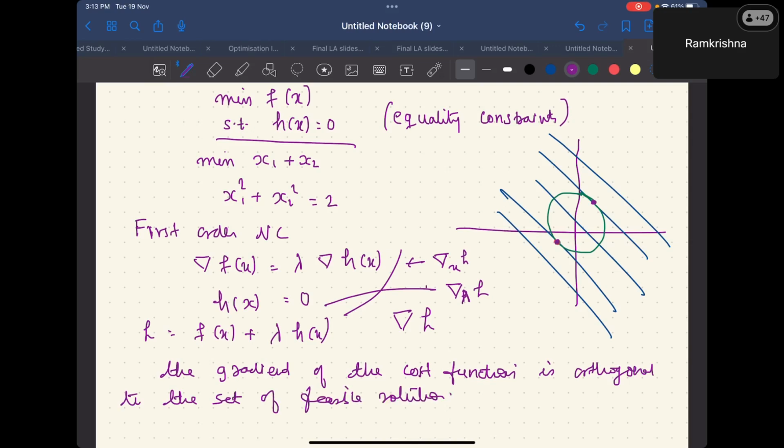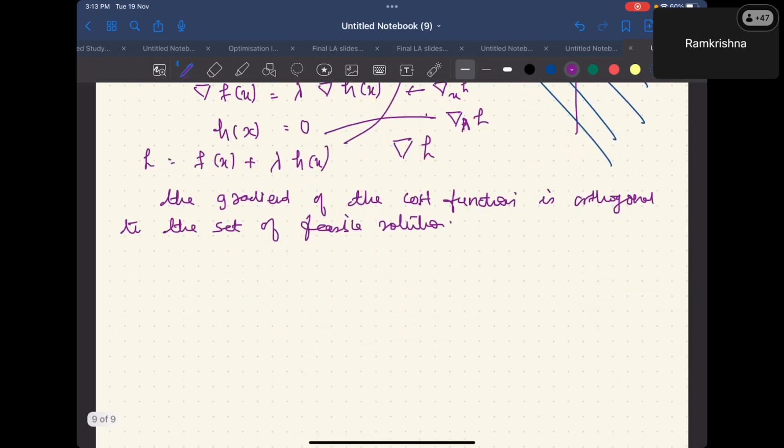Now, what does this also mean in terms of the larger geometry?